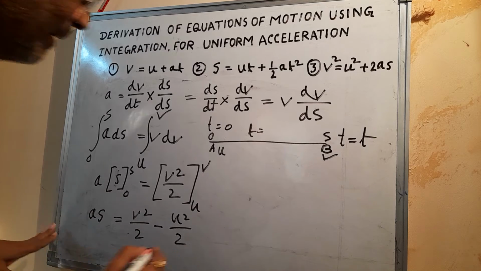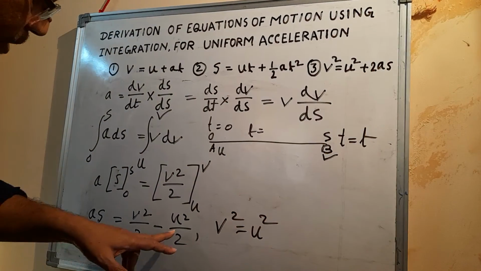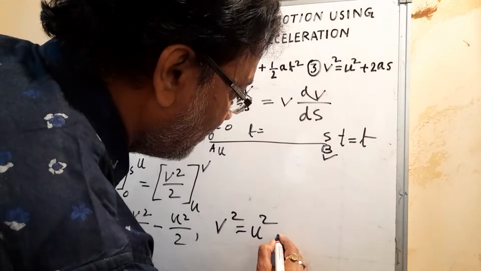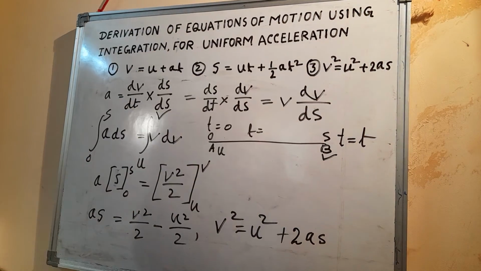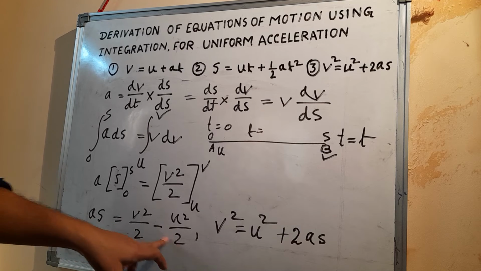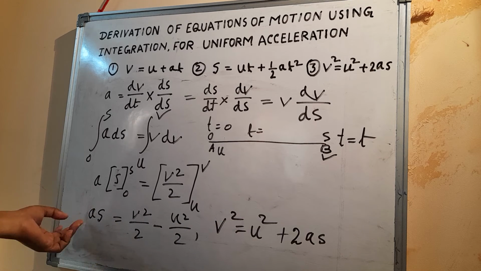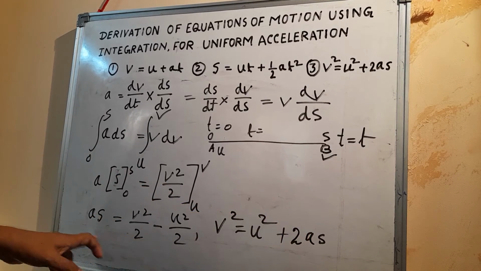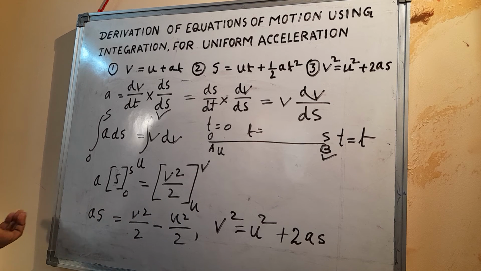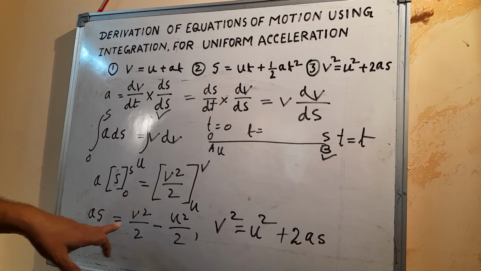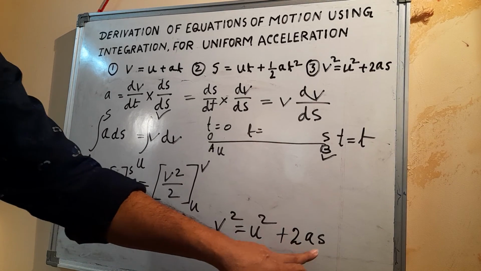So from this we get v square. Taking the LCM of 2, the 2 will remain the same, so v square minus u square equals 2 times as. Taking u square to the other side, we get v square equals u square plus 2as. This is the third equation.